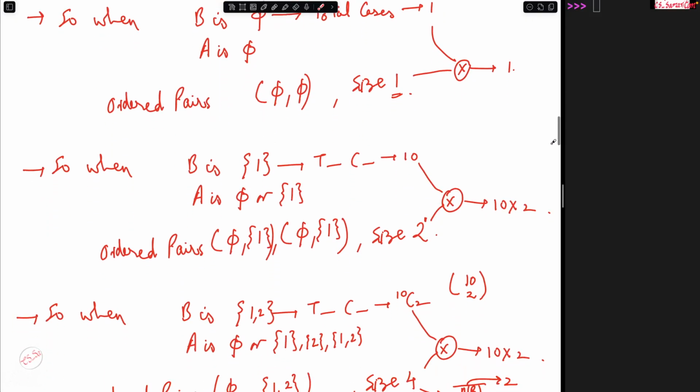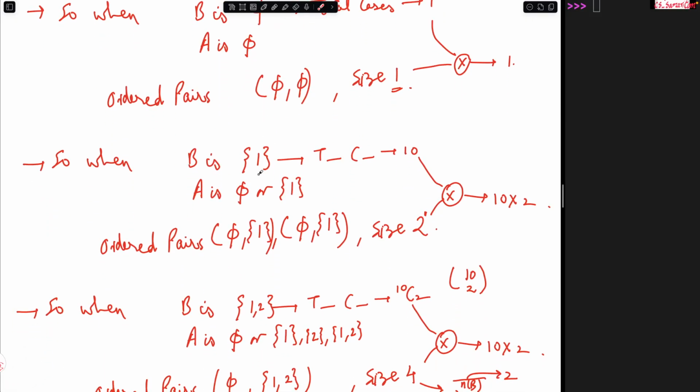Okay, now let's look at this. If B were equal to a single element, it could have been 1, it could have been 2, it could have been 3. So the total number of cases that B could have taken for a single element is 10, right? Now A can be phi or it could be 1. So we put these into the ordered pair while the B part is fixed by this.